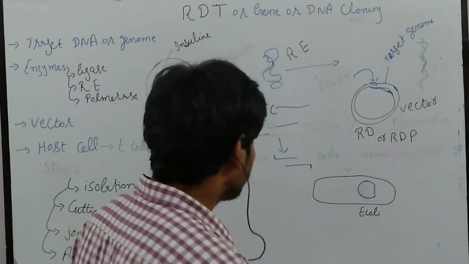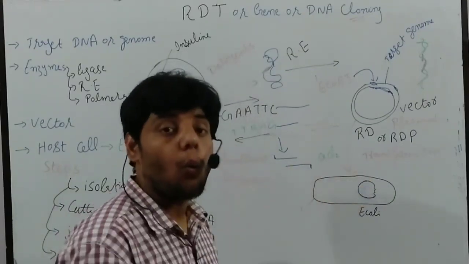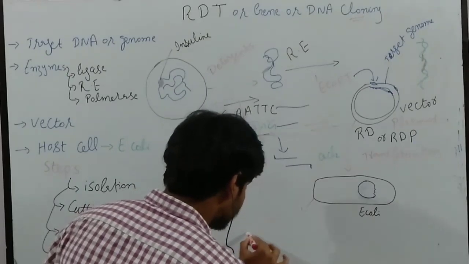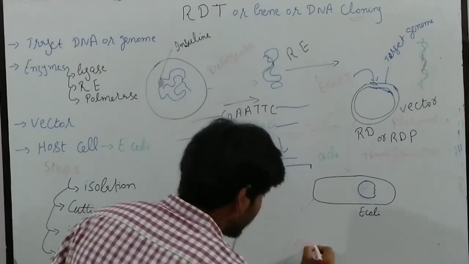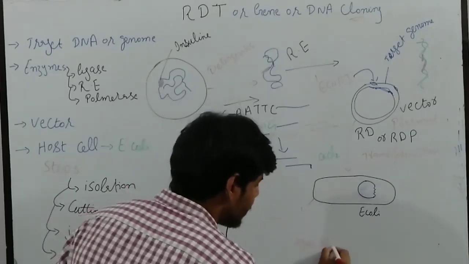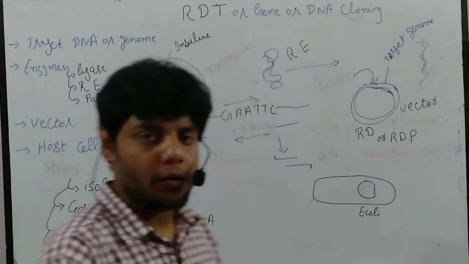We should grow each of the cells on an agar plate. Let's say this is the agar plate. This agar plate contains ampicillin antibiotic.